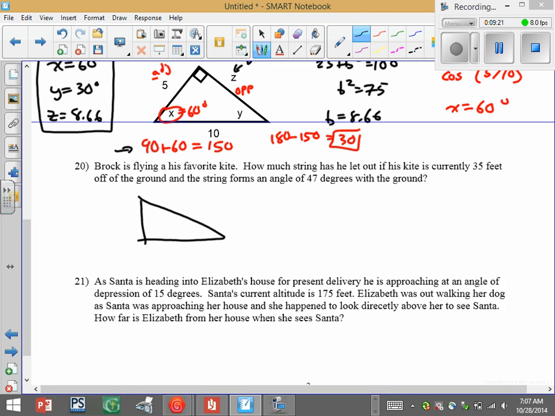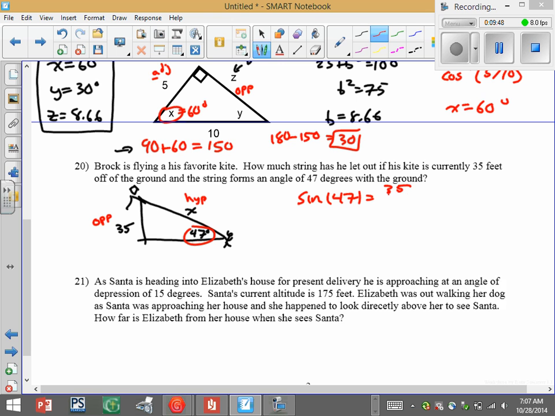So here's Brock flying his kite, and then there's the string coming off of it. How much string has he let out? If his kite is 35 feet off the ground, so there's 35, and forms an angle of elevation of 47 degrees. We want to know how much string has been let out. So circle the 47. We got opposite and hypotenuse, which is sine of 47.